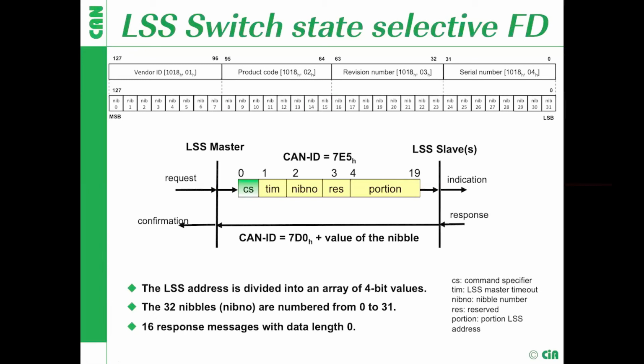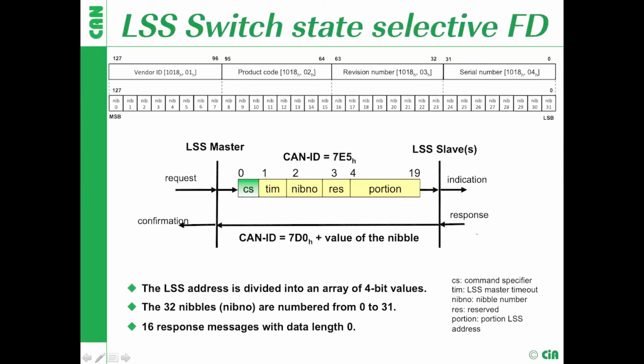So you see we don't have the neighbor 32, and if the LS master sends a request with the neighbor number 32, it means this is used for confirmation if the full 128-bit LS address is already checked.